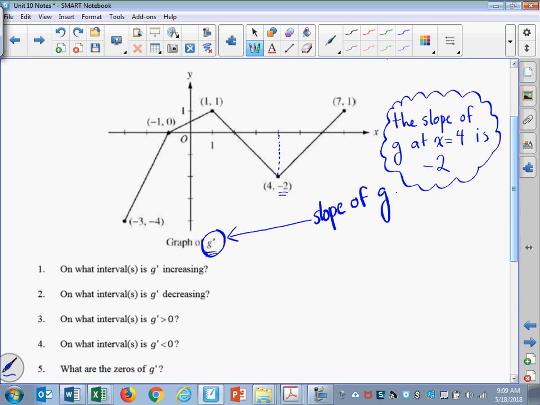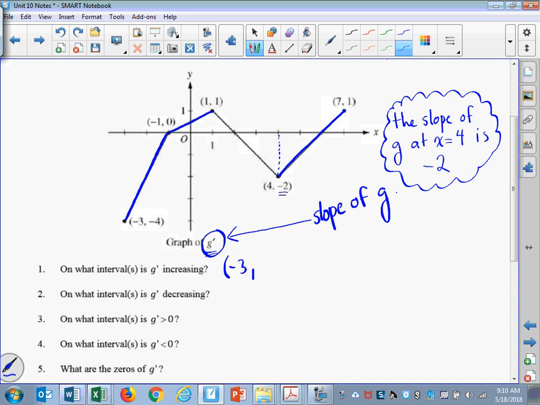It says on what intervals of g is g prime increasing? So this graph right here, this picture is g prime. So notice that g prime is increasing right here, and right here. So let's write down those intervals. We're going to say it's increasing on negative 3 all the way to right here, which is 1.